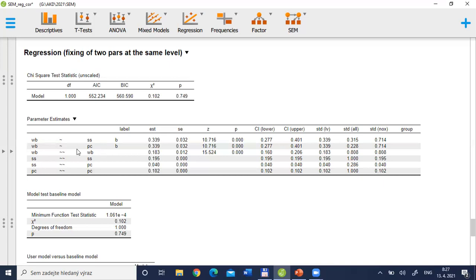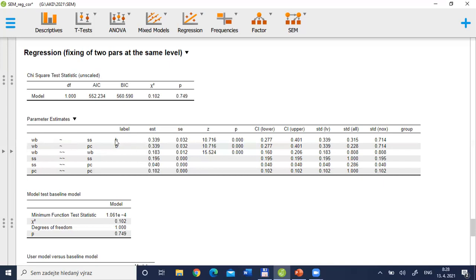Okay. So it's possible that these two coefficients could be the same. You can check that these two coefficients are the same. So it means that Lavaan estimated these two coefficients only by one value. These two rows are the same as it was estimated only once as the common impact of social support and proactive coping on well-being.